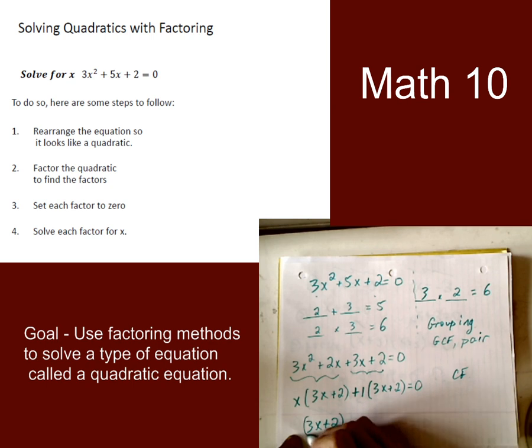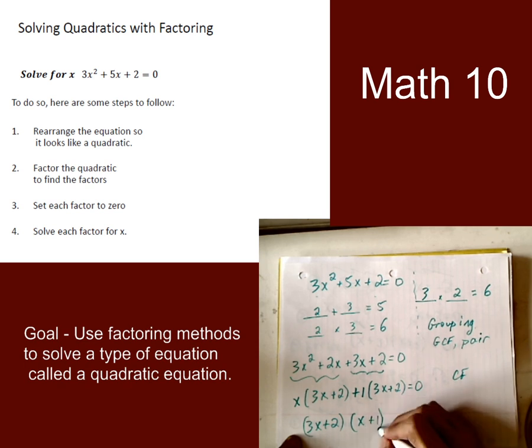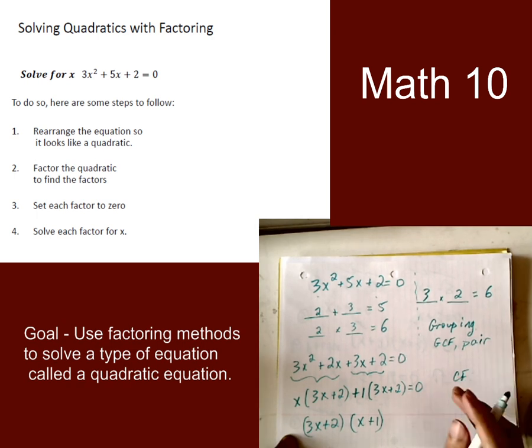Then to get what's left on the inside, you could divide in your head. Divide this first term by 3x plus 2, it cancels out, left with the x only. You divide this by 3x plus 2, the common factor, we get left with plus 1 only. Beautiful. So this is where we got to before.